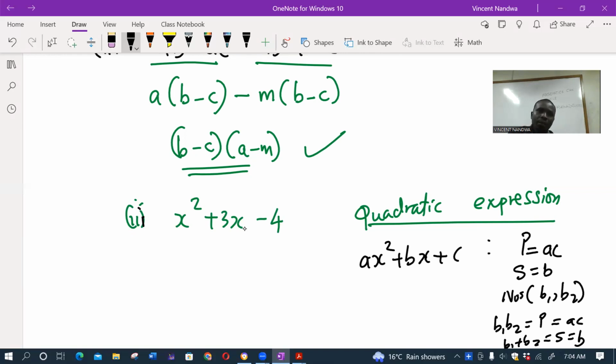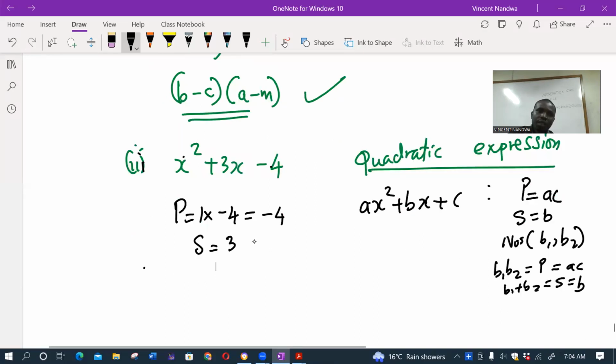So in our case, product: coefficient of x squared is 1 times c, which is minus 4. So 1 times minus 4 is minus 4. Sum: coefficient of x is 3. So we look for 2 numbers whose product is minus 4 and sum is 3. Those numbers are minus 1 and 4. If you multiply minus 1 by 4, you get minus 4. And if you add minus 1 to 4, you get 3.